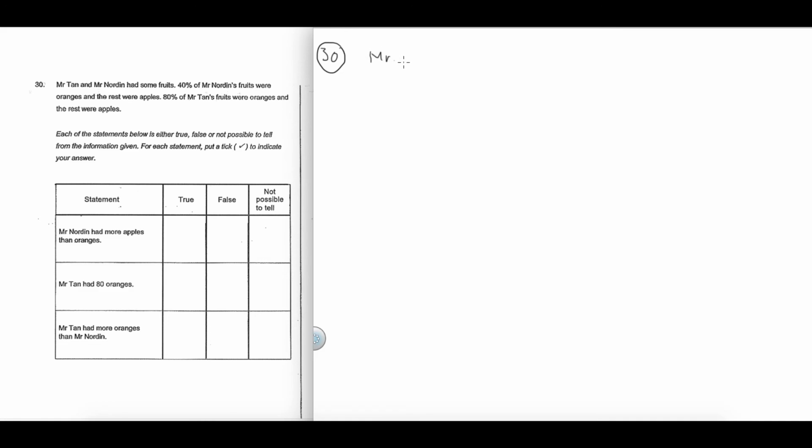Let's do Mr. N. Oranges is, you know what? I'm going to spell oranges because O looks like a 0. That's 40%. The rest were apples, so that means my apples will be 60%. Okay? Because 100% minus 40%.